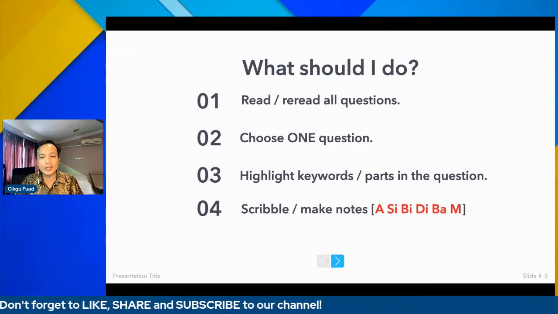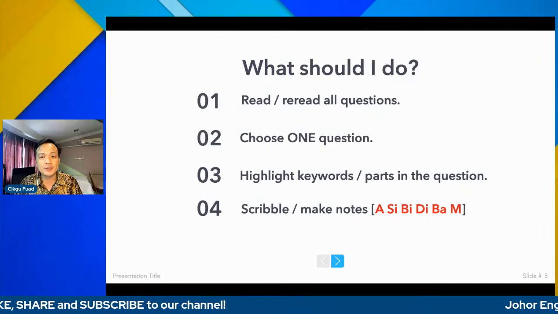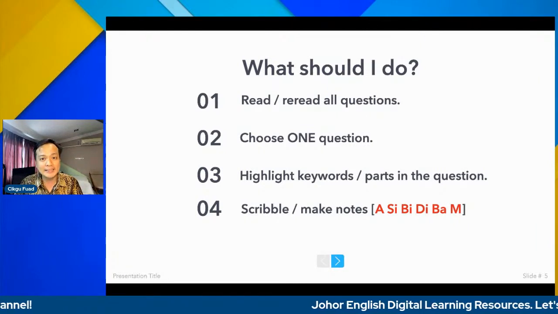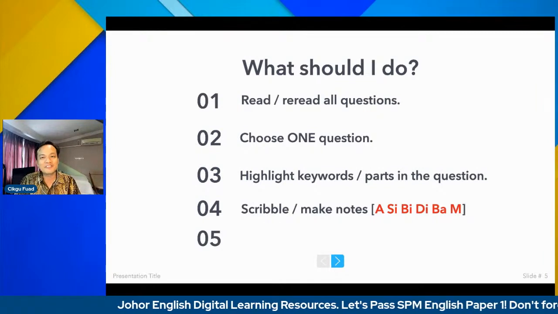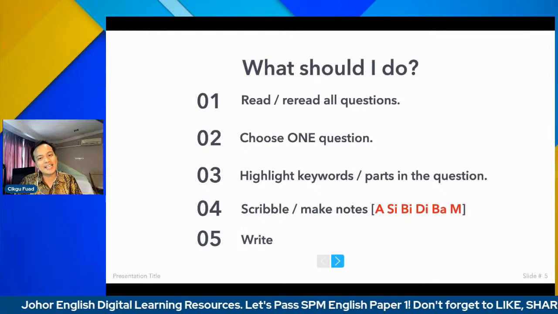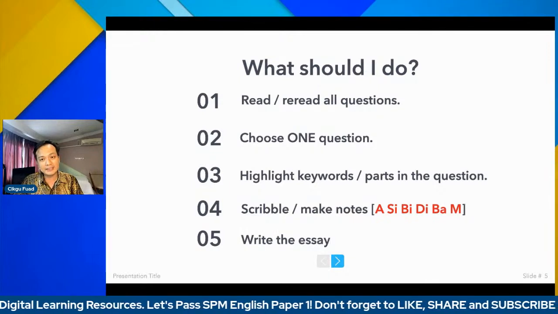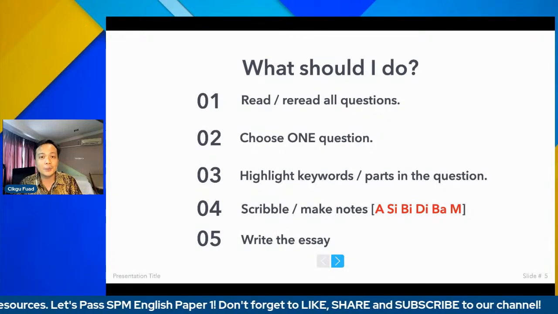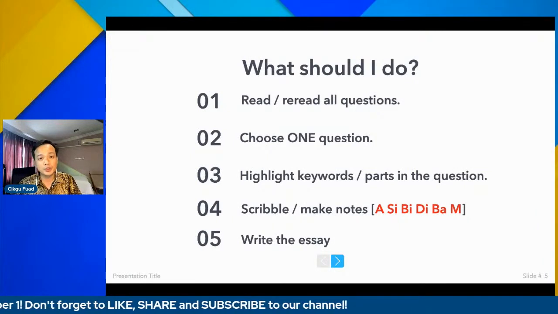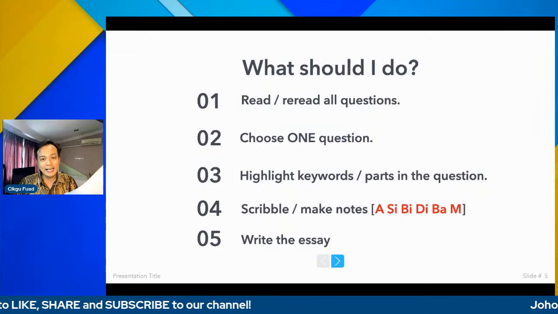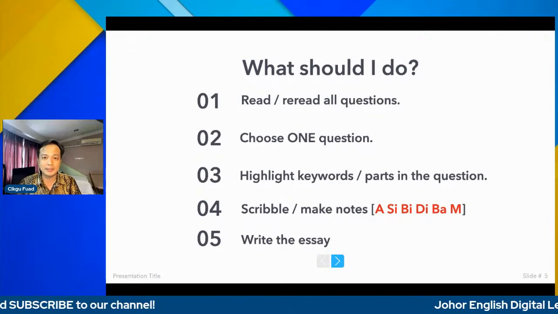And here, when you scribble and make notes, you will use the formula CBD bump. Okay, remember CBD bump. Now number 5, when you have generated all the points, then you will have to write your essay. So these are what we are going to do together today. Okay, inilah 5 langkah yang kita akan buat sama-sama.